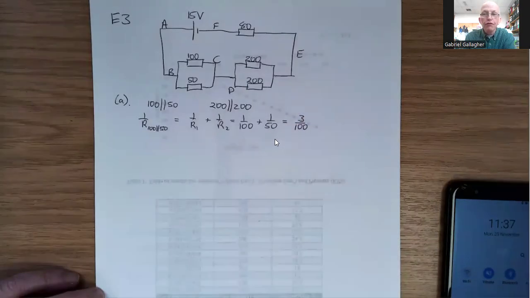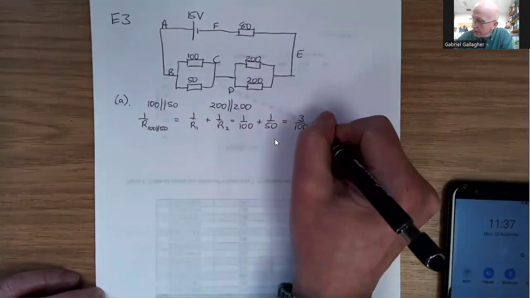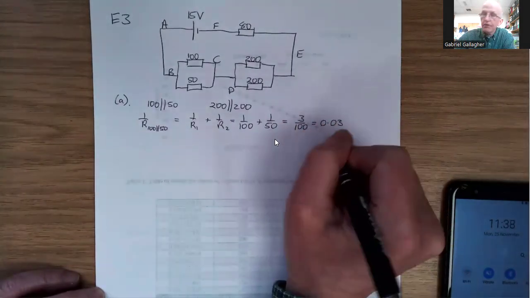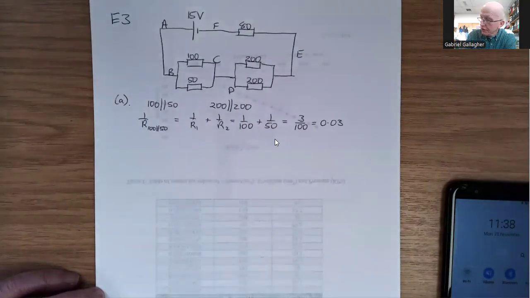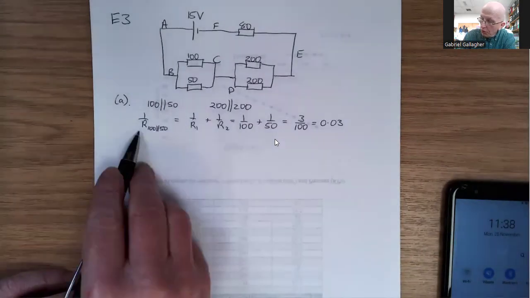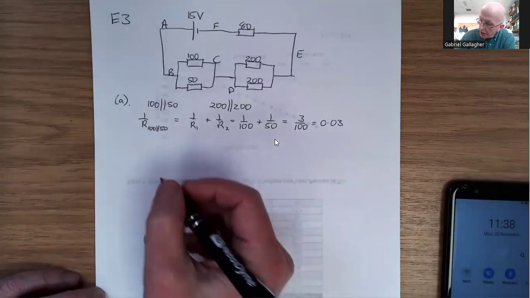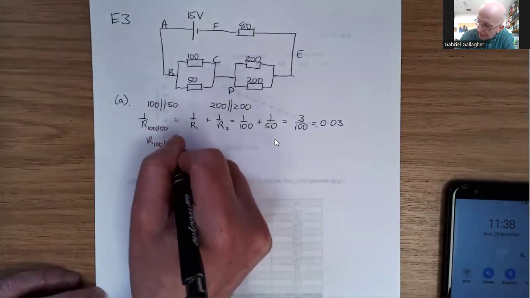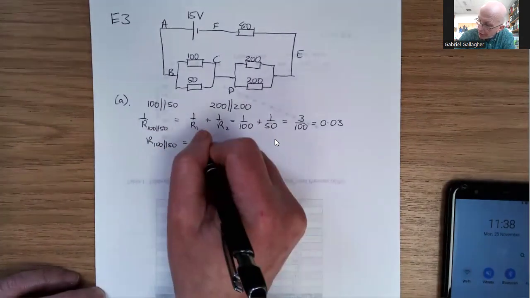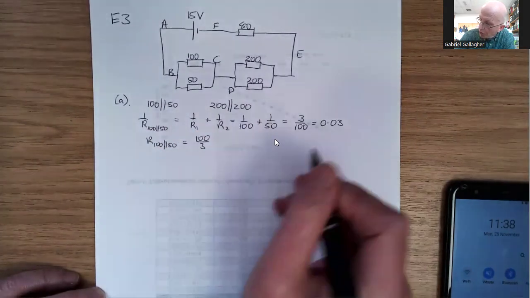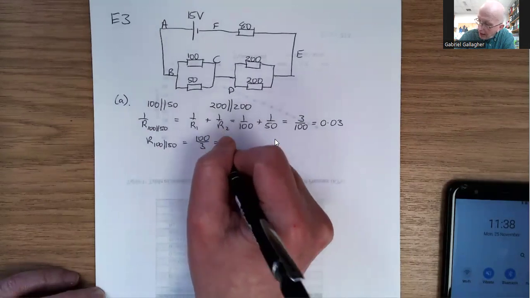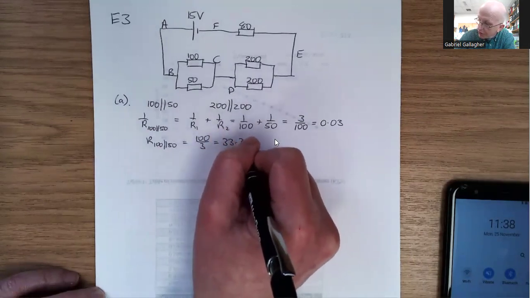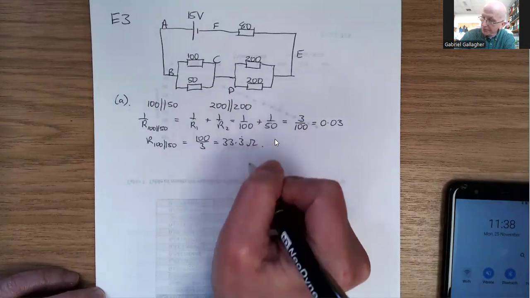You'll end up with 3 over 100 in fraction form, which is equal to 0.03. Always remember that's 1 over R. Therefore, the resistance of the 100 in parallel with the 50 is 100 over 3, or 1 over 0.03, which equals 33.3 recurring ohms.